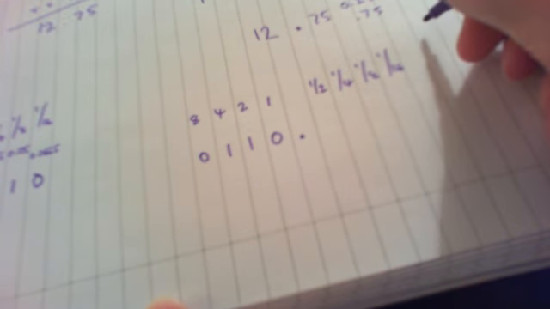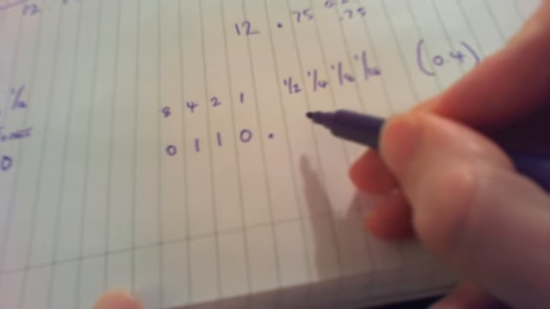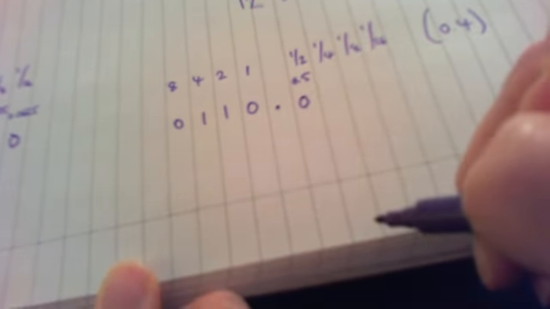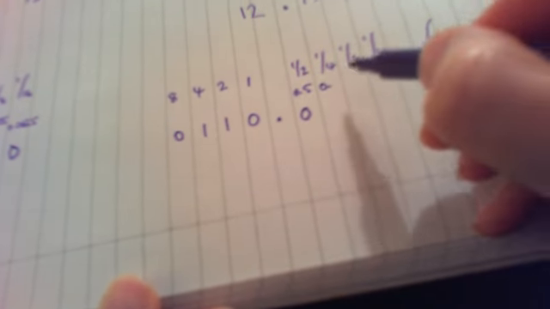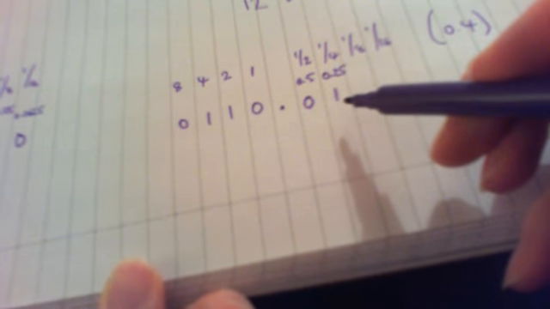And we've got a 0.4. Now we can't have any lots of 0.5 because 0.5 is too big. So 0 lots of that. Now we can have one lot of 0.25. So that gives us 0.25.